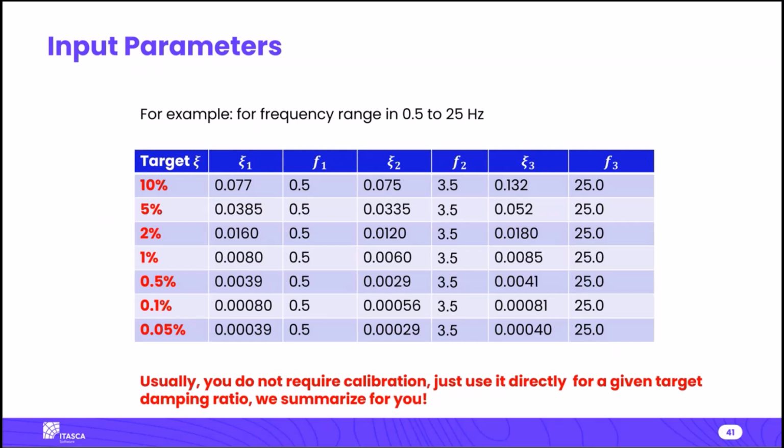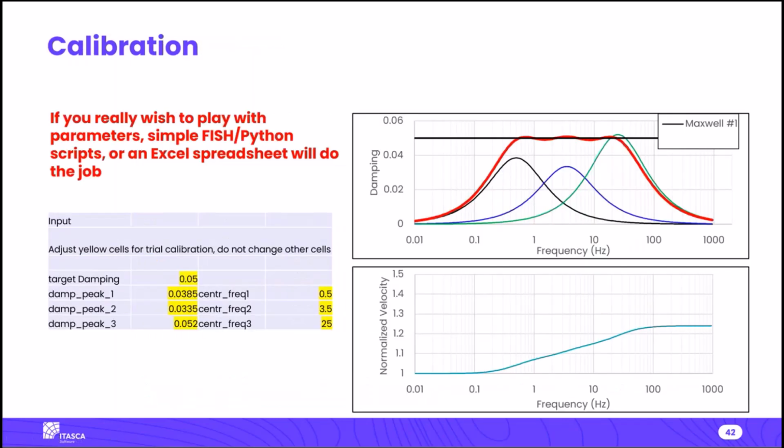People were wondering how to input the parameters. Usually you do not require calibration. You just have a figure for what the target damping ratio would be. For example, for 5%, we already have the calibrated input parameters for you. You just use these parameters directly. But if you really want to play with them, a simple FISH or Python script, or even a simple Excel spreadsheet will do the job.